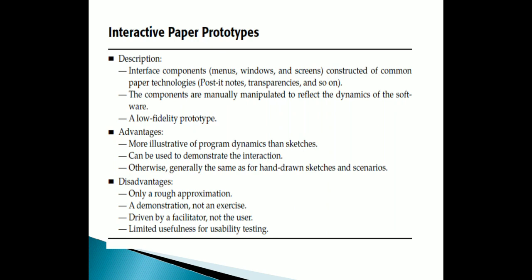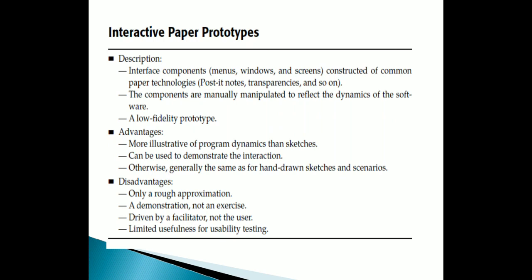So, the advantages of interactive paper prototypes are that they are more illustrative of program dynamics than a simple screen sketch. System components can be manipulated to demonstrate the interactive nature of the system, and other advantages are generally the same as those already described for hand-drawn sketches and scenarios.